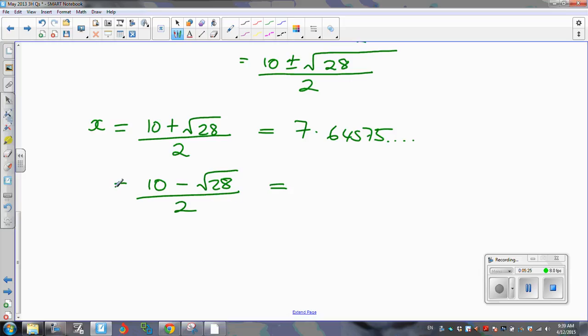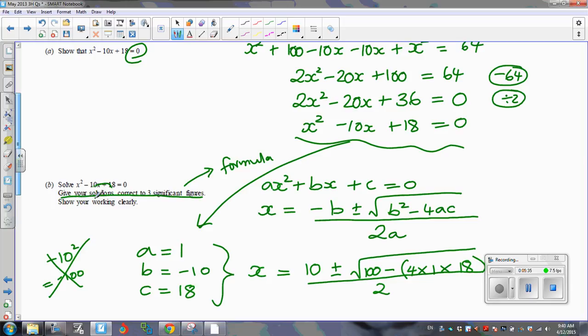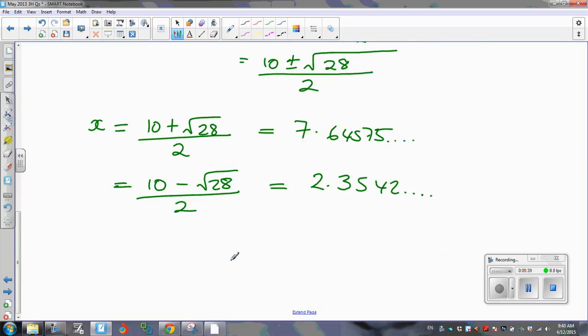That one comes out as, on my calculator, 2.3542. And in fact, if I reread the question carefully, there are actually two possible answers. Both are positive, so both of these are possible. To three significant figures, then x is either going to be 7.65 or 2.35.